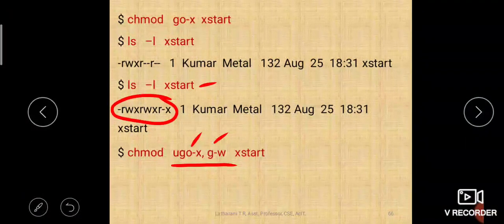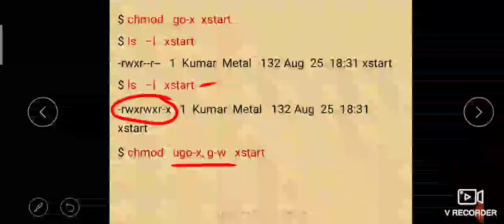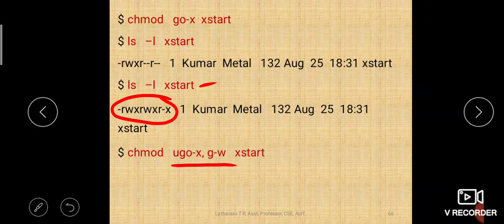It need not be both the same. So these are all expressions, right? This is one expression, this is another expression. Those expressions can be either, one can be an addition expression, one can be a removal expression. Both need not be the same. Okay. So now chmod ugo minus x means, ugo means what?